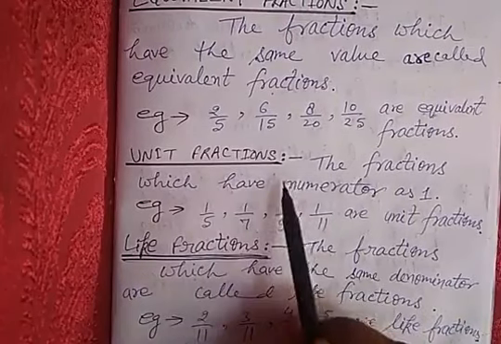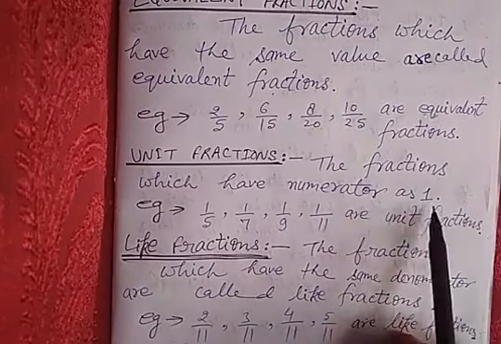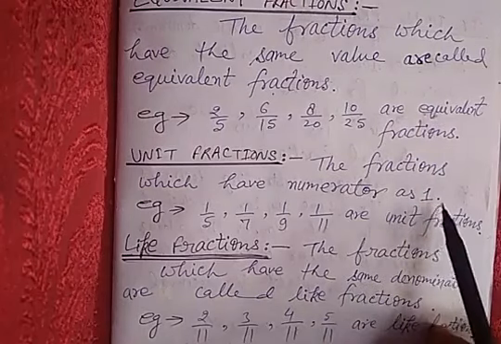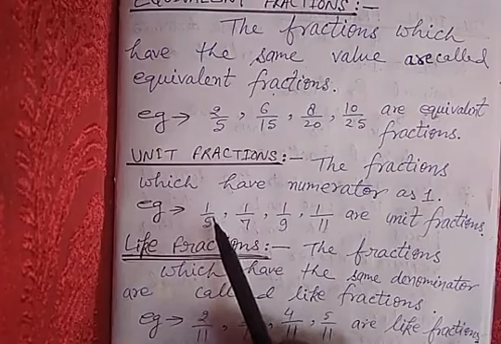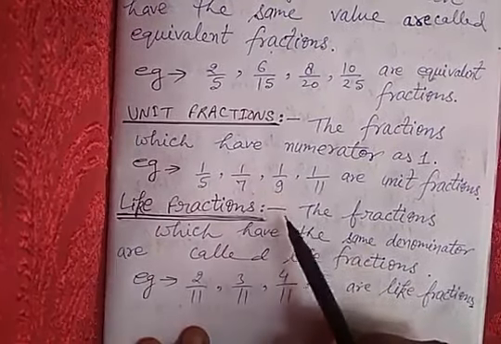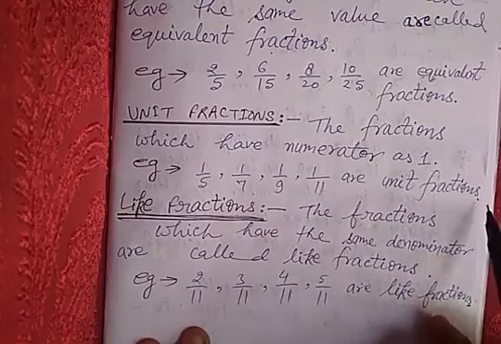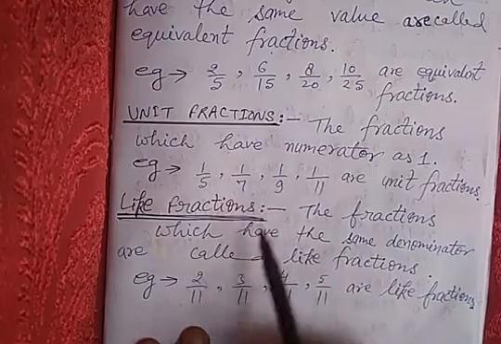Now, unit fractions. The fractions which have numerator as 1 are called unit fractions. For example, 1 upon 5, 1 by 7, 1 upon 9, 1 upon 11 are unit fractions since their numerators are 1.